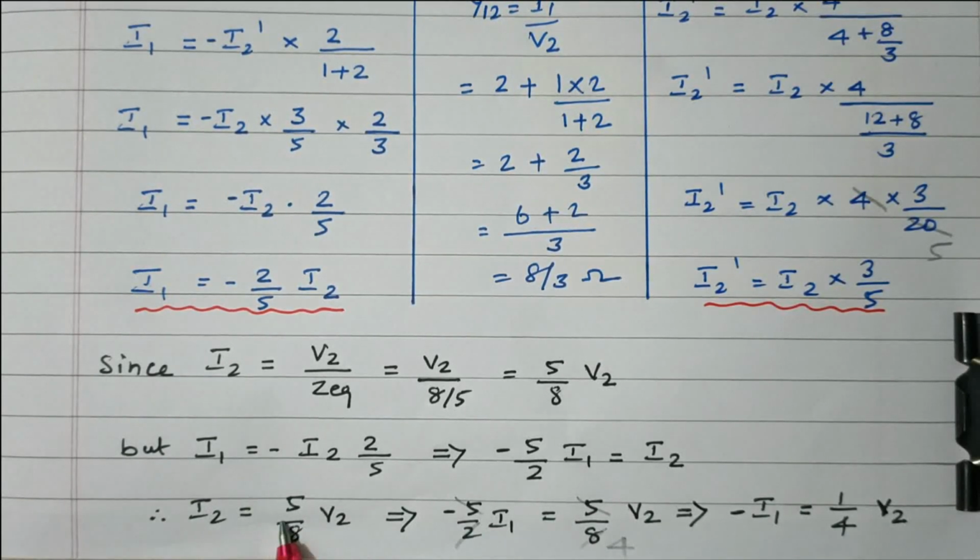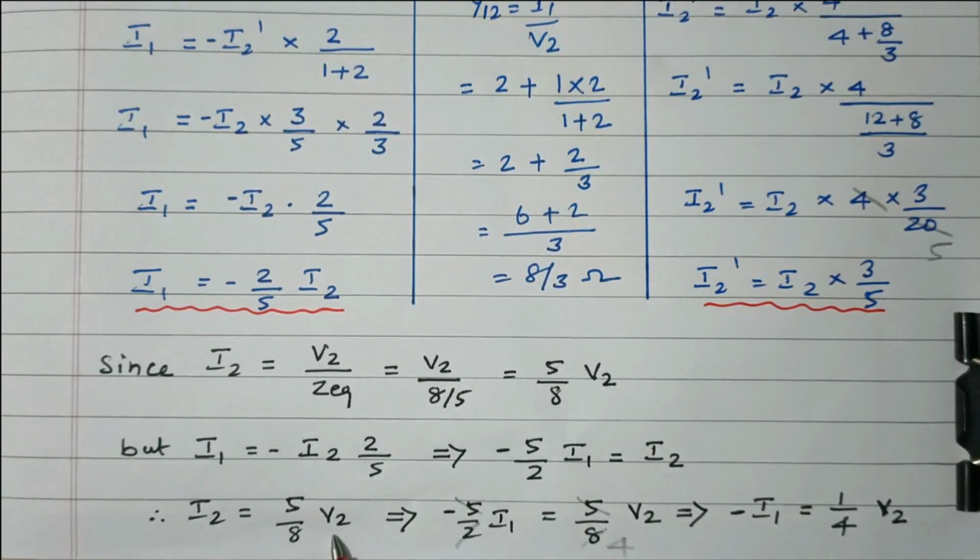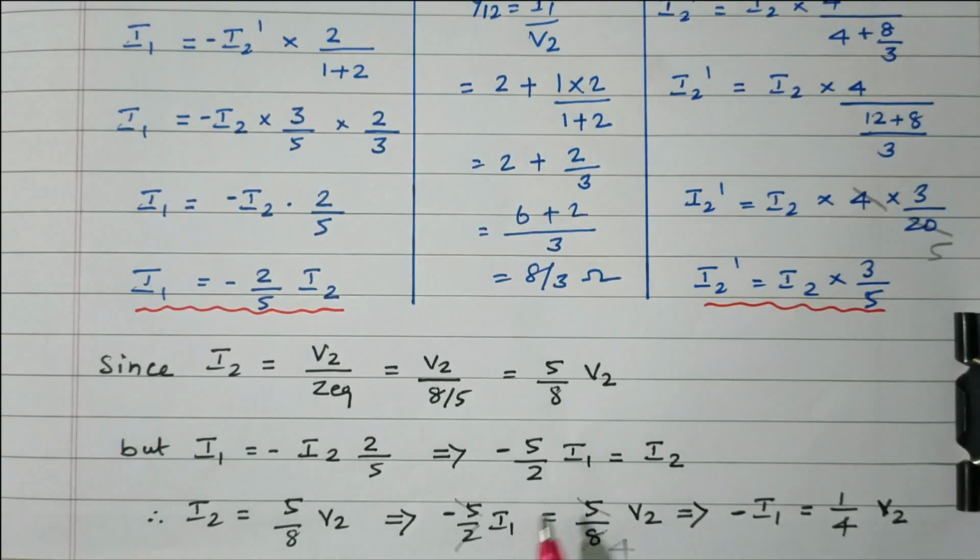I2 equals 5 by 8 V2, which is another formula we already have. I2 equals minus 5 by 2 I1 is also available. Now substitute this I2 as minus 5 by 2 I1. Simplifying, the 5 is cancelled and 2 and 8 are simplified.